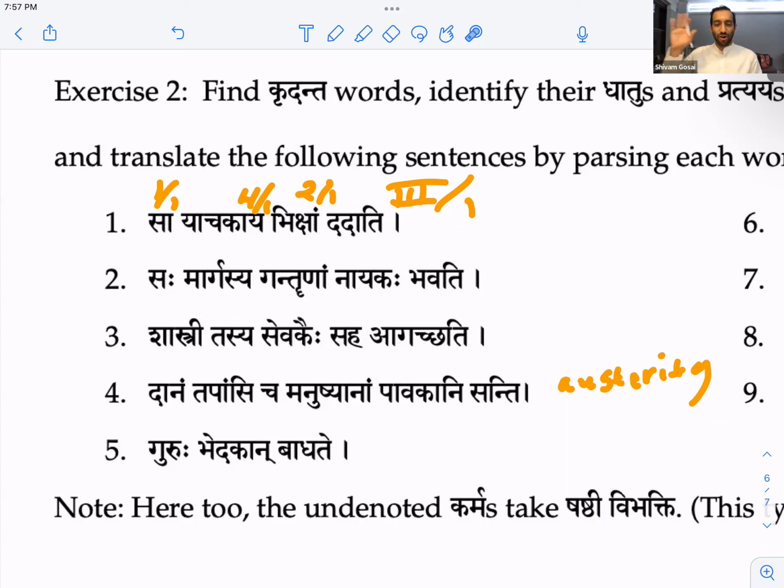So I hope you're getting this format down. Okay, so third one. So someone is, first case. We have two first cases. We have nayakaha or sa.